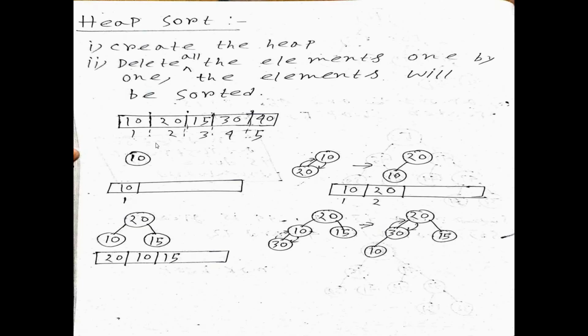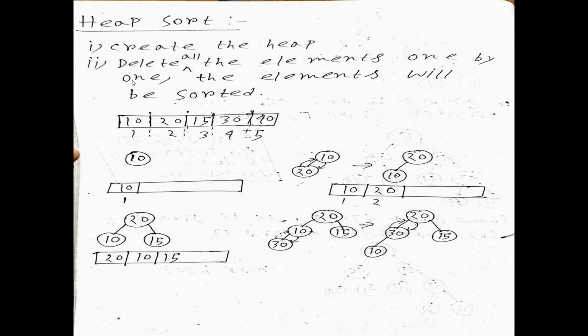Now, first is heap sort. As the name says, heap sort is nothing but a sorting method, but we are using the concept of the heap tree, the heap data structure. There are two steps in heap sort. First of all, we create a heap, that means the creation of a heap tree.